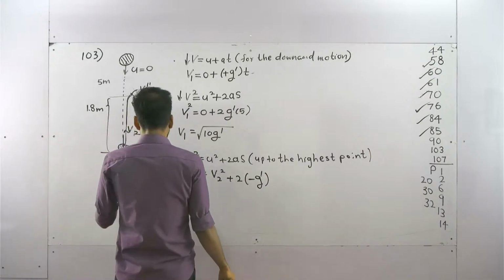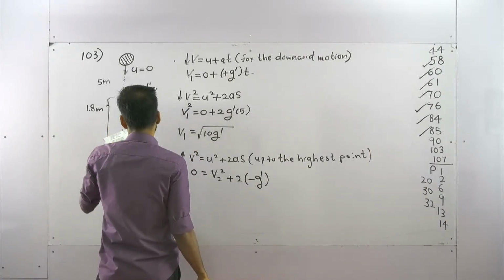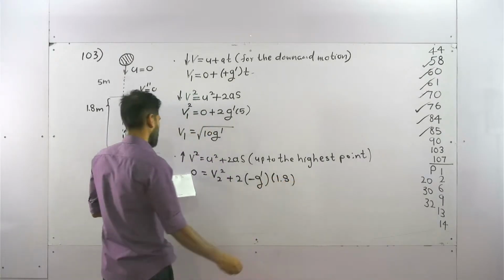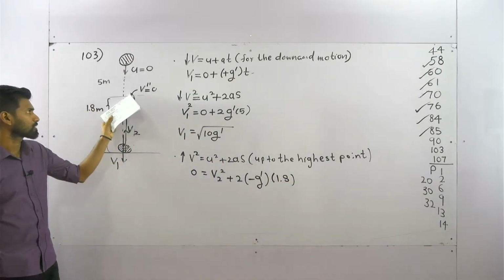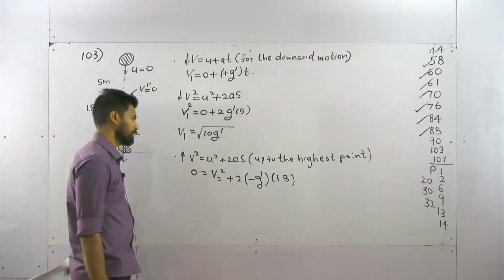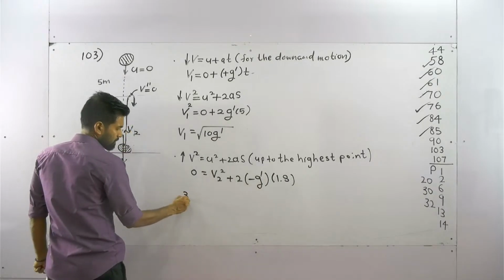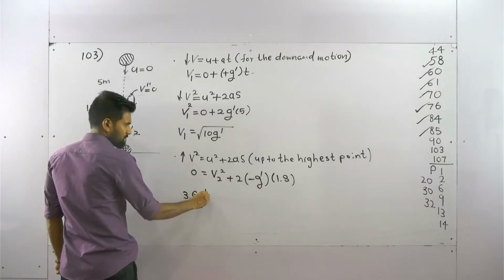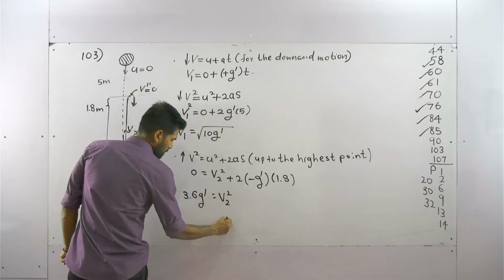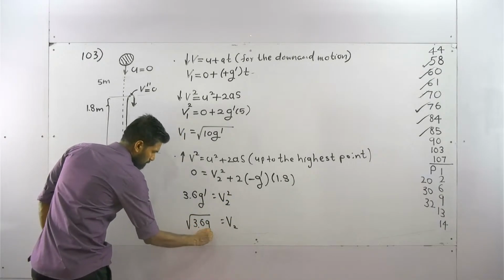The maximum height is 1.8, where the velocity is 0 and it will turn back. So this minus g dash will become plus on the other side, 3.6. 3.6 g dash is equal to v2 square. So v2 will be root 3.6 g dash.